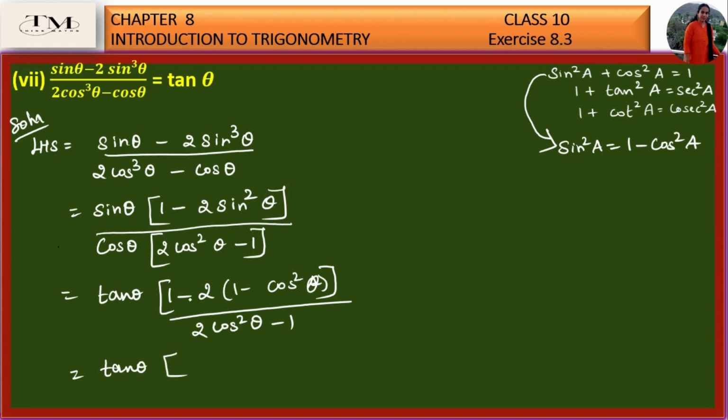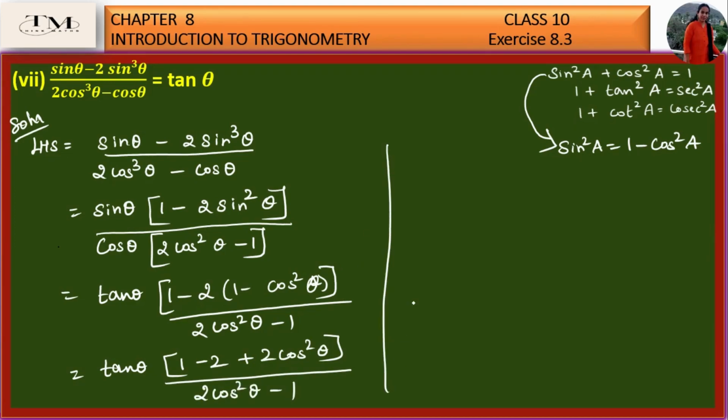So multiply with this minus 2. 1 minus 2 into 1 is minus 2. Minus into minus is plus. So plus 2 cos square theta divided by 2 cos square theta minus 1, which is equal to tan theta. Positive value is plus 2 cos square theta.